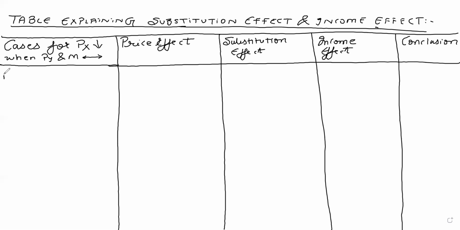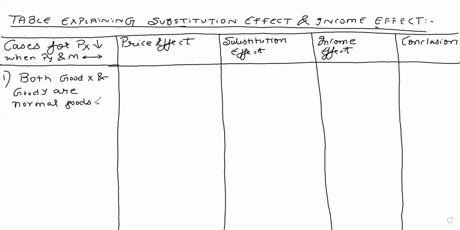So case 1, both good X and good Y are normal goods. Now normal goods have a direct relationship with income. Or I can say that normal goods have a direct relationship with purchasing power. When your income goes up or when your real purchasing power goes up, you start buying more of normal goods.